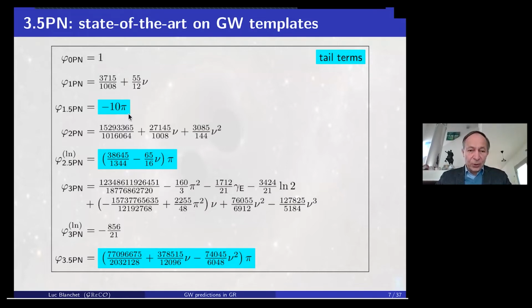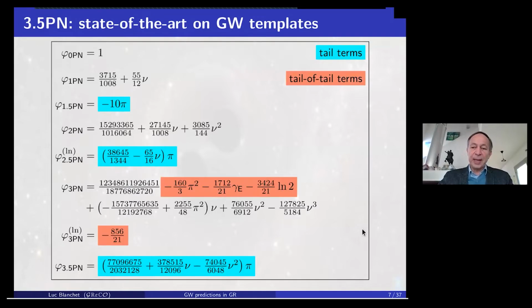Essentially, at that order, but this is more complicated at higher order, essentially the tails, and you see that the first coefficient of tails is at 1.5 PN order, and this is measurable by LIGO, Virgo, KAGRA, and so on, with rather good accuracy, of the order of 10%. And then there are higher order tail effects, and even at that order tails generated by tails, so-called tails of tails, that appear at 3 PN order.